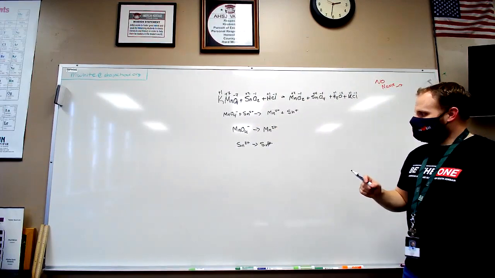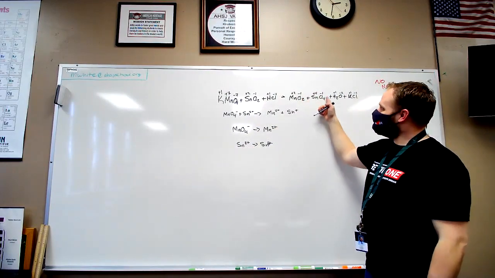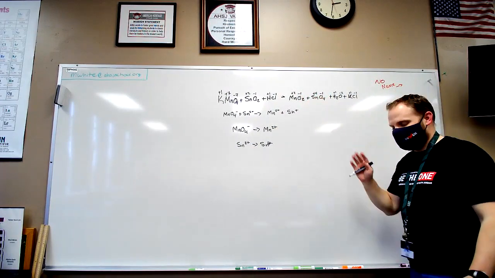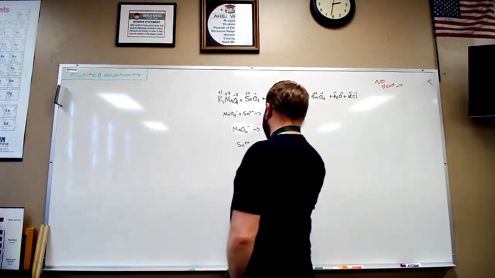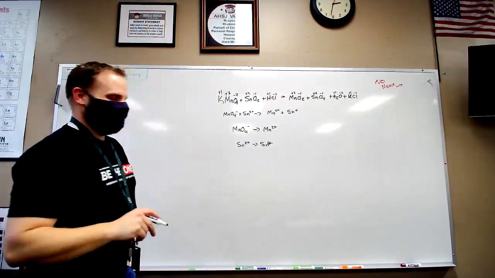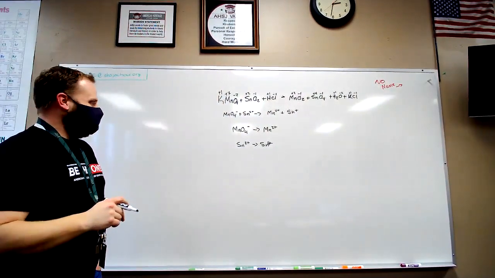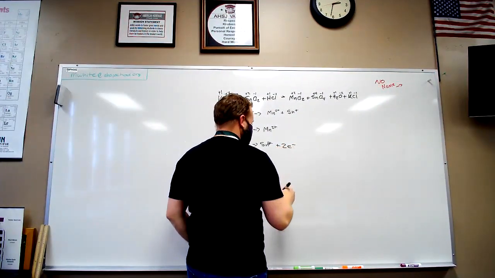So, because we have 4 of those at -1, that means that has to be +4. We'll get there. So we actually need to add electrons to the other side. That's what was throwing me off. I was like, the electrons shouldn't be there. So we actually need to add 2 electrons here.